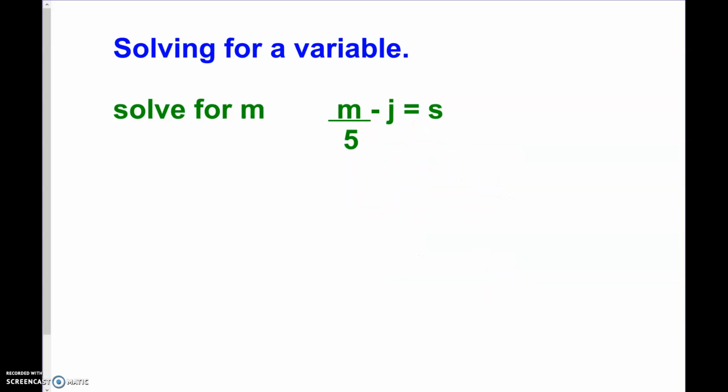All right, now we need to solve for M. All right, what's by M? We have a J, so we need to add J to both sides. So I still have M divided by 5. These J's are going to cancel out, and I have S plus J. All right, now this says M divided by 5, so the opposite of dividing is multiplying.